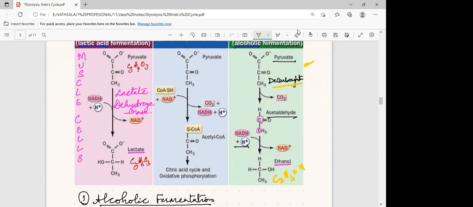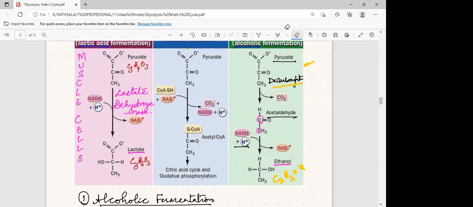Here also, like C3H4O3, H is added. So this is called alcoholic fermentation, because C2H5OH, alcohol, is formed. All these yeast, wine, everything is made like this.